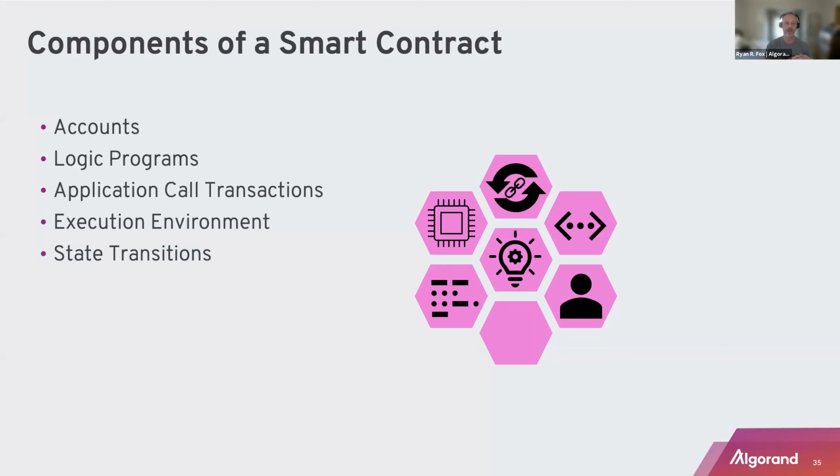Within that, the programs will be evaluated, and they will perhaps create state transitions, meaning that balances may be updated or those key value pairs may be updated. And when that happens, ultimately those are persisted within the blockchain because it is an approved transaction. They will commit those state transitions on the impacted accounts.